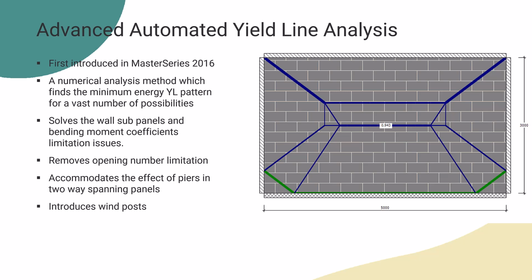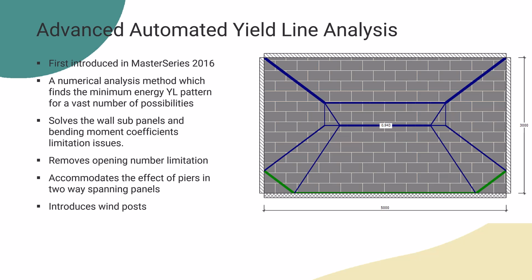Effectively, using geometric techniques, we use linear programming to solve the mesh and adapt the mesh to find the most critical, or minimum energy, yield line pattern from a vast number of possibilities. When you click that analyze button in the masonry program, that's what's happening in the background. There's a lot of heavy lifting going on to arrive at even just this situation here.